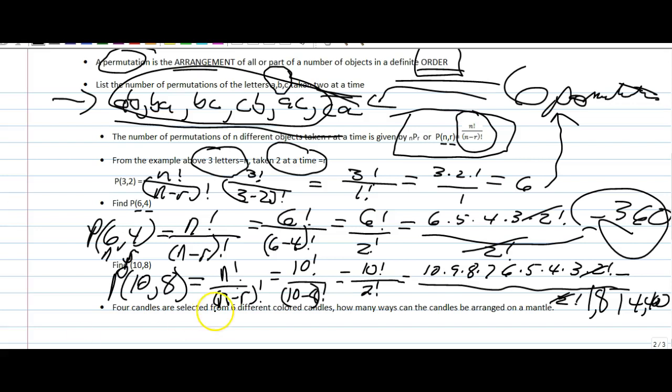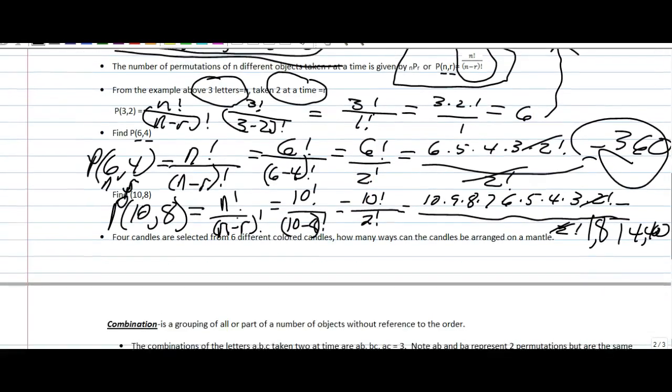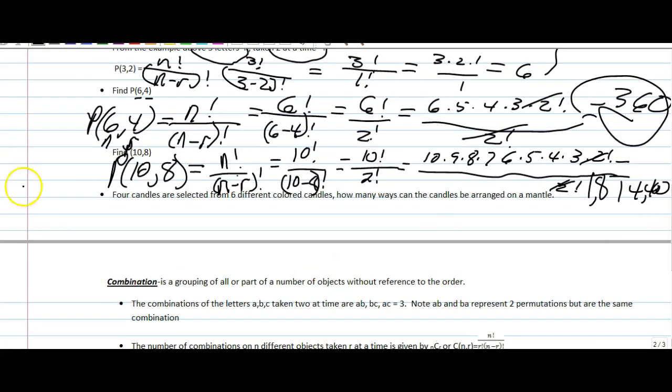Now, one of the difficulties in working with permutations is, first of all, you have to determine if you indeed have a permutation. Are you interested in the different number of arrangements or order?